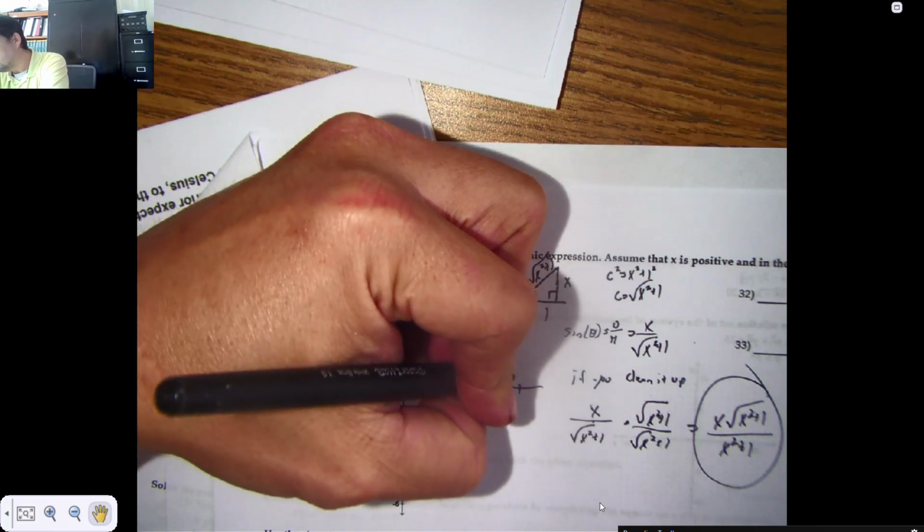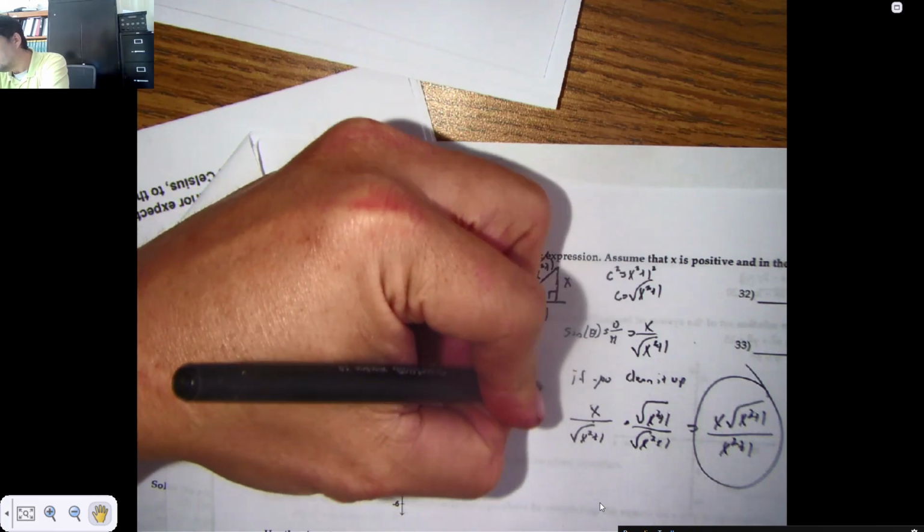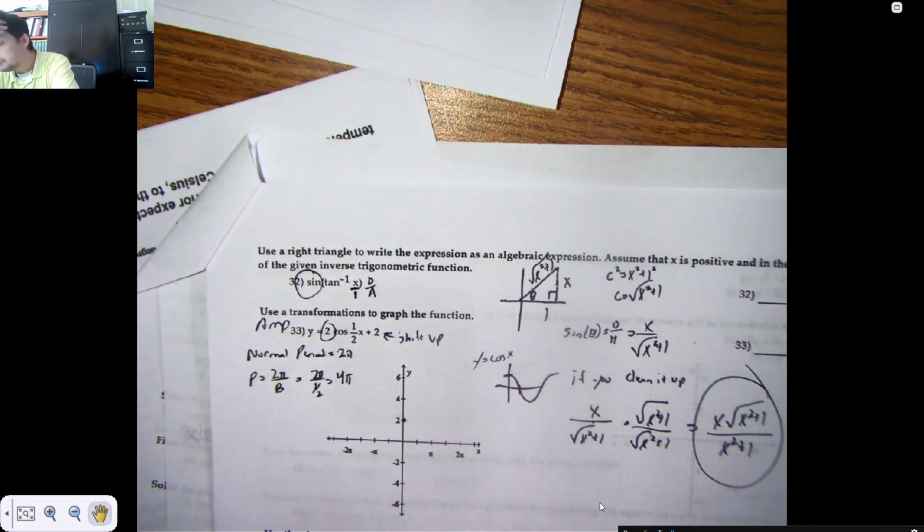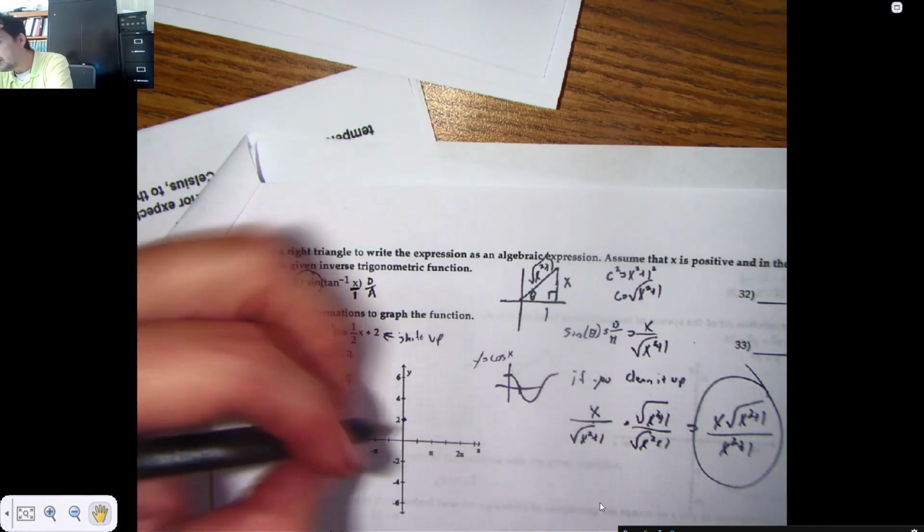So we kind of start high and then we work our way low. So this one's going to start at 2. And notice it has a full period of 4 pi, and this thing only goes out to 2 pi. We're not going to be able to do things like we normally do here. We're only going to be able to draw half of it.